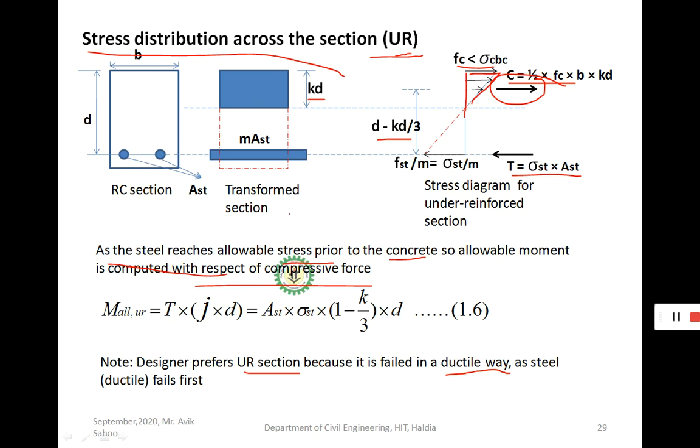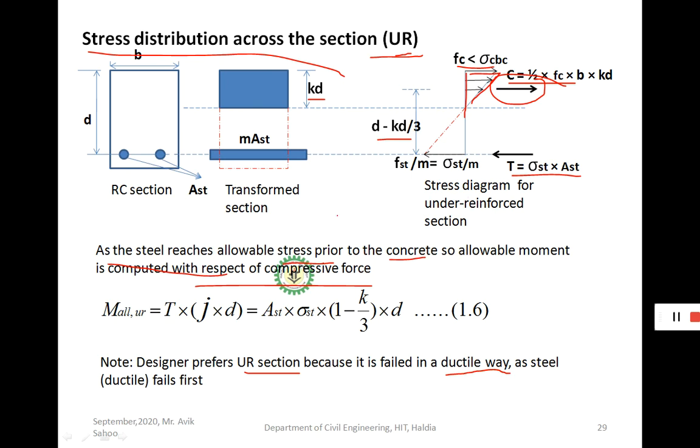You know that steel has one unique property that is called ductility. Steel is ductile, so due to the ductile property, steel is preferred in structures. And here what happened, the steel failed first.